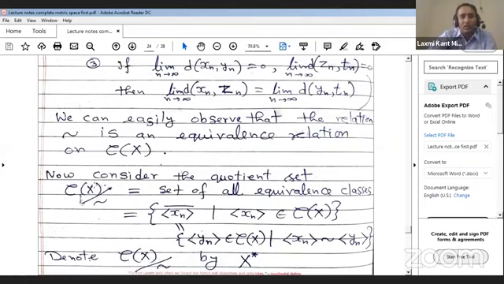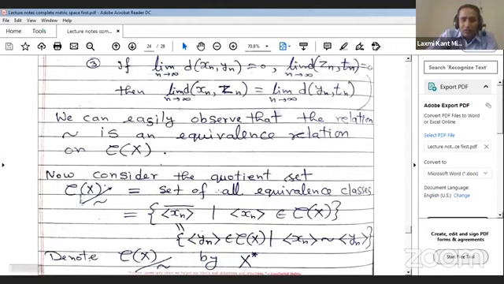As we know, an equivalence relation on a set gives its partition in the form of equivalence classes, and the set of all equivalence classes is called the quotient set. Here the elements are classes of Cauchy sequences xn.